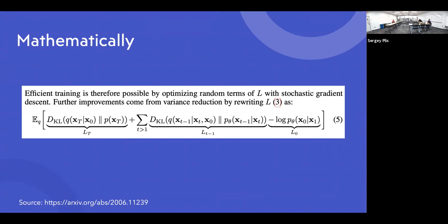But there is a network that learns that mu and sigma. Yes, the outputs are not theta, the output is mu and sigma, parameterized by theta, and it's the same for every pair of time points.